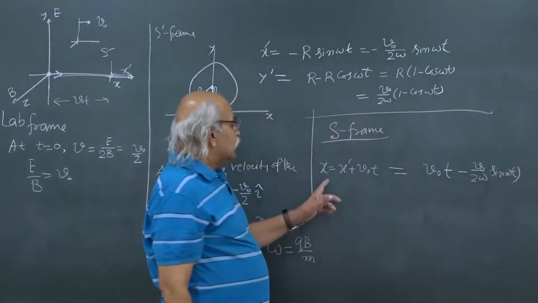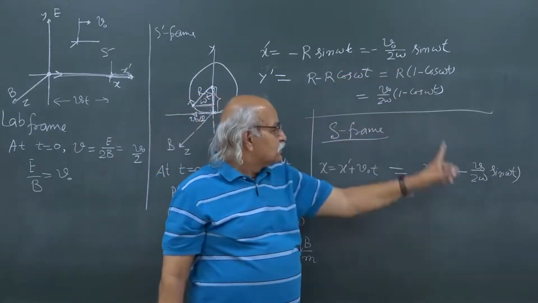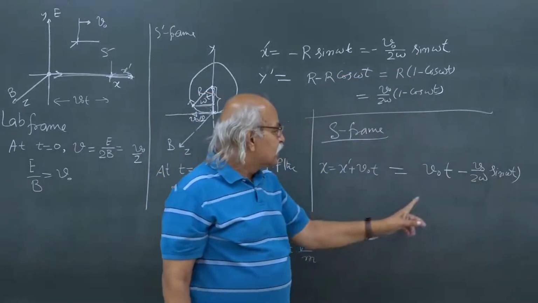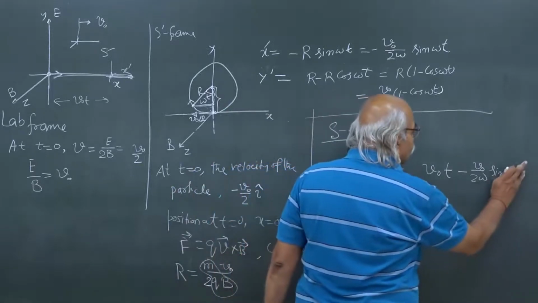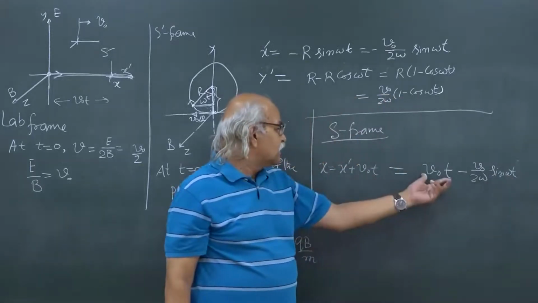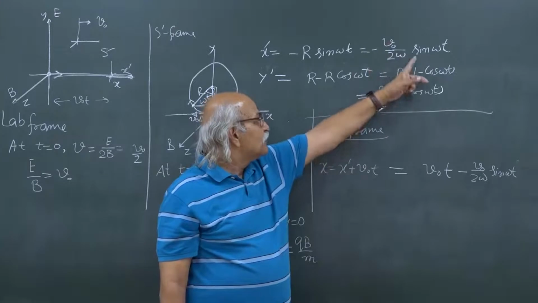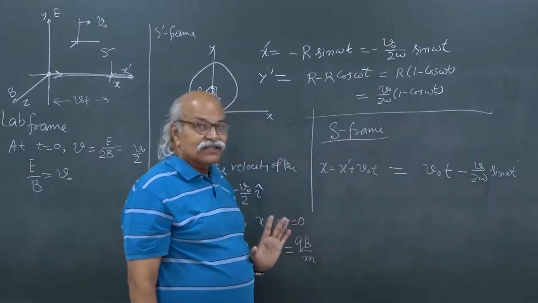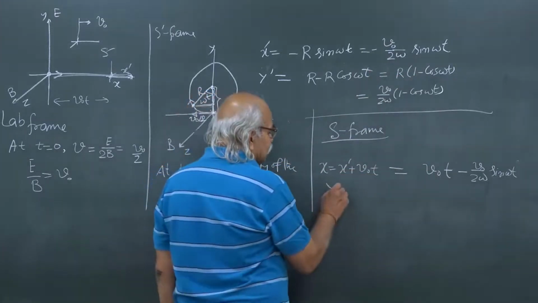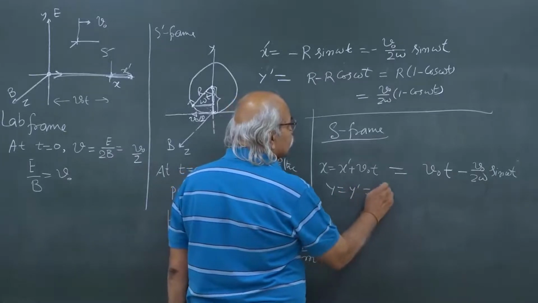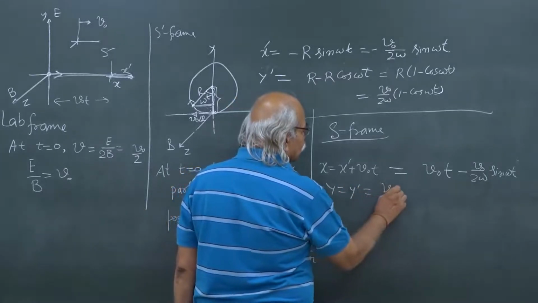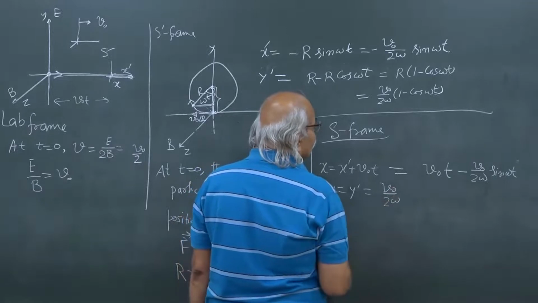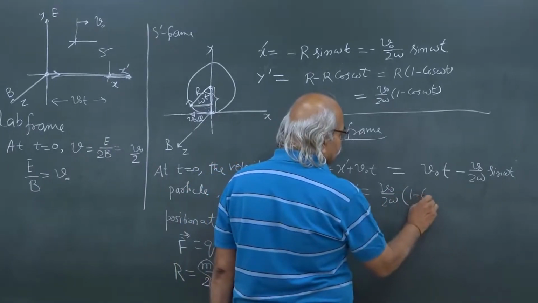This is x prime, and then we are putting this v naught t here, minus v naught by 2 omega sin omega t. This is x, and y is the same as y prime. So, it is v naught by 2 omega and then 1 minus cos omega t.